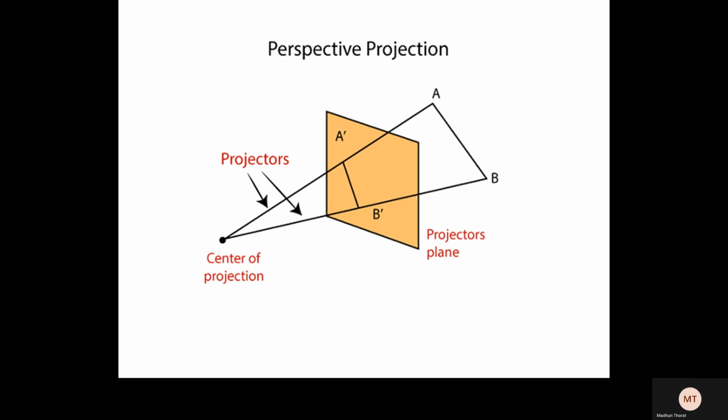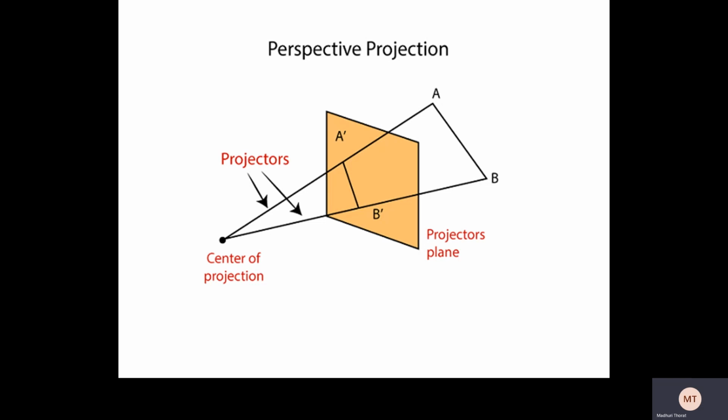See, this is the figure of perspective projection, and the center of projection is defined here by a point. AB is a line, and A dash B dash is the image of that AB line.